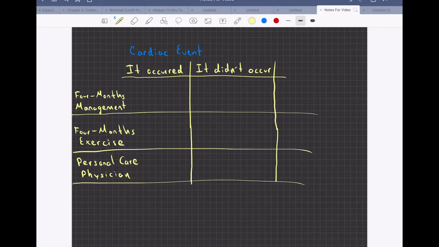So notice these variables, of course, are categorical variables.